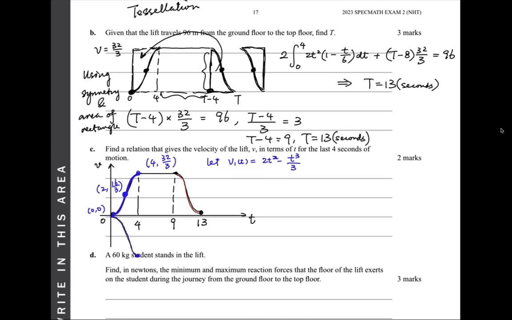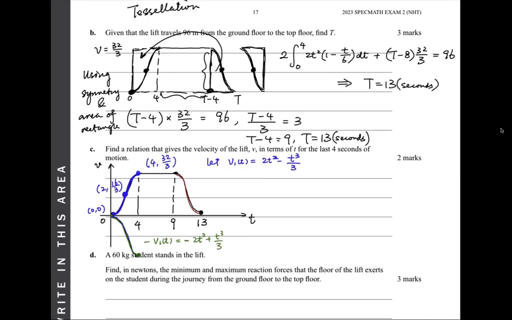This green part should be minus V1 of t, which is minus 2t squared plus t to the power 3 over 3.